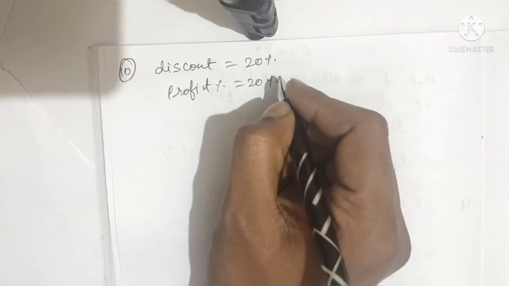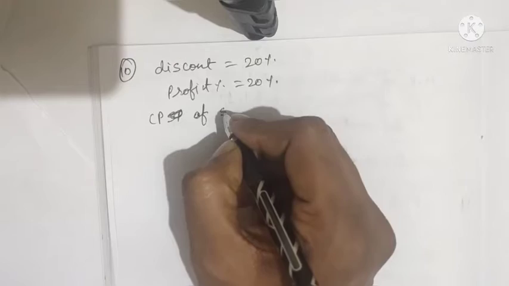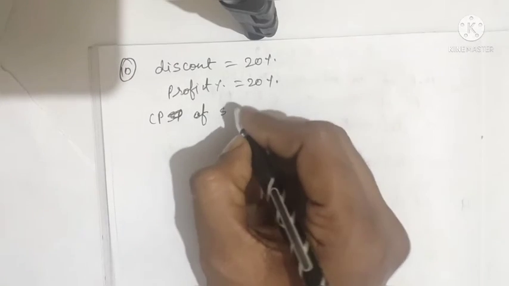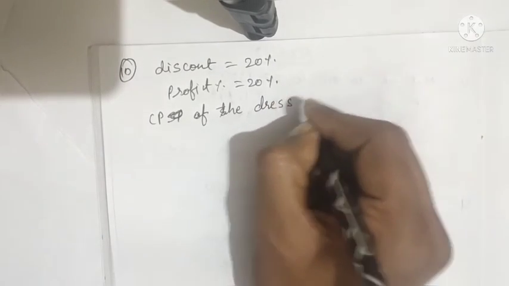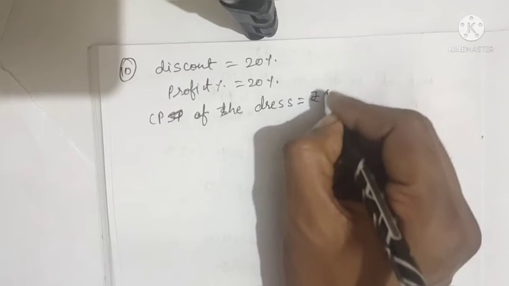Now we have to find the price of a dress which is bought by the shopkeeper for rupees 400. So cost price of the dress is equal to rupees 400.